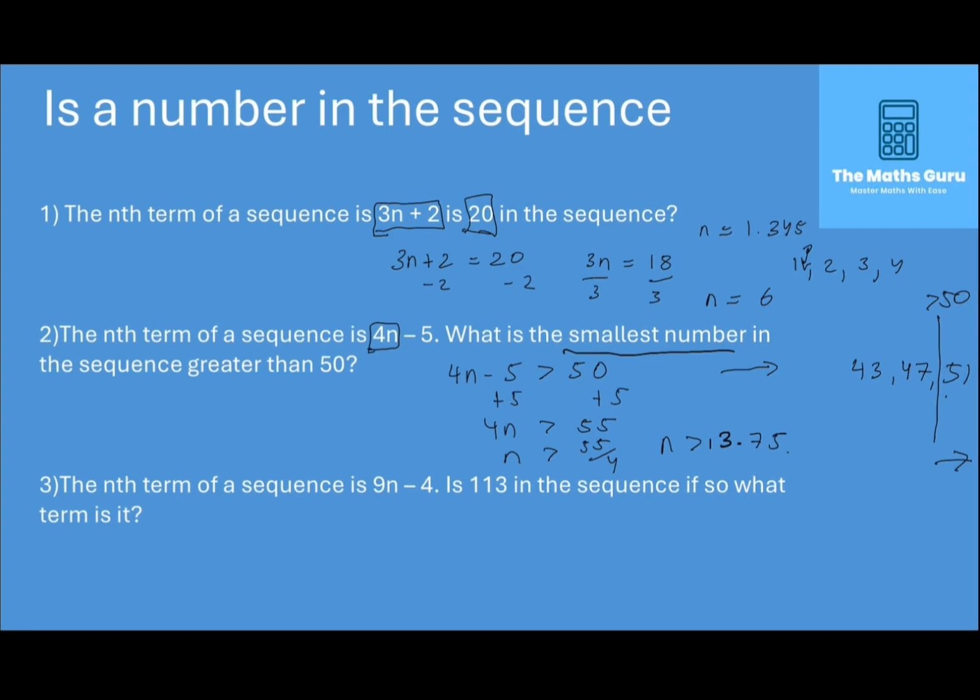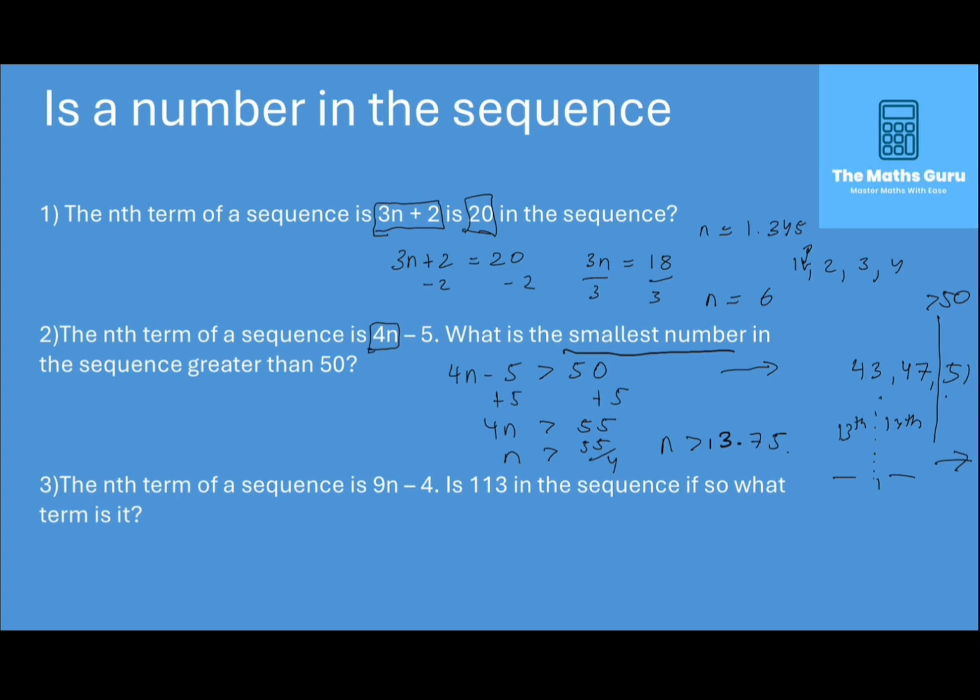Which means that every term, so let's say this is the 13th term, this is the 14th term, we can see that it hits 50 at this point in between the 13th and the 14th term, but we know that those cannot be accounted for because they simply don't exist as recognizable terms in the sequence.